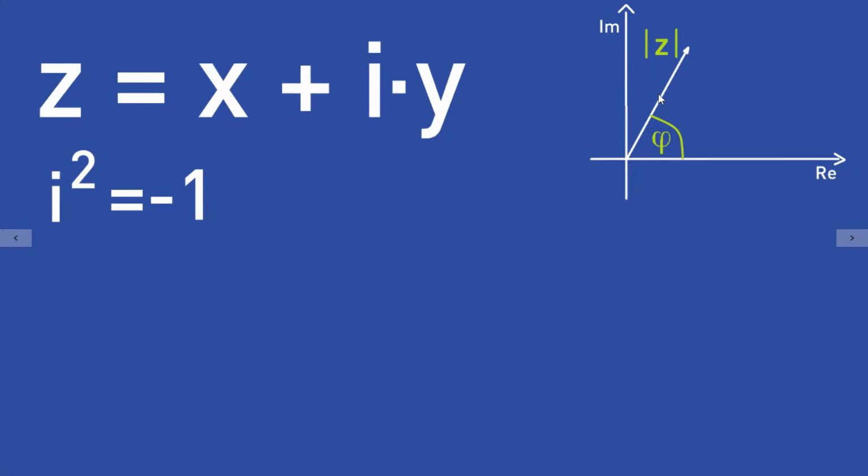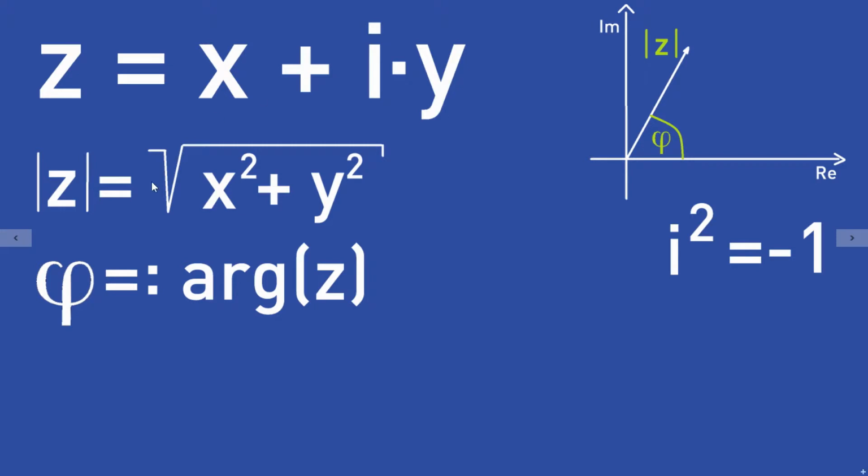To do so, you need this angle here and the absolute value of the complex number, which is the length of this vector here. So the length of this vector is also called the absolute value of z and can be calculated like this here. And the angle, this angle here, is also called the argument of z. This angle phi can be calculated, for example, by using trigonometric functions.